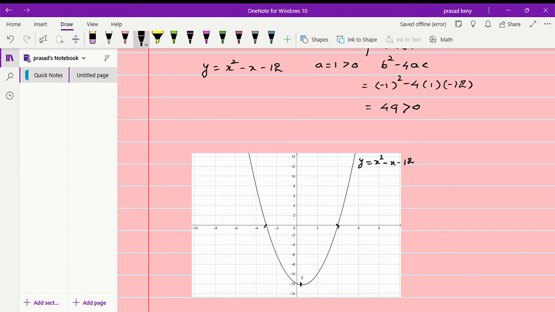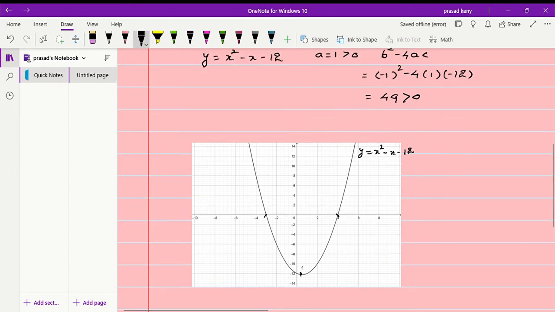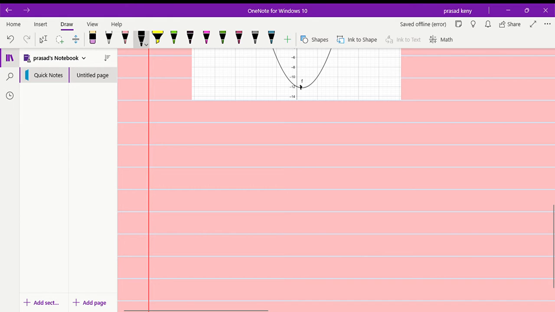That means it has two distinct roots. Okay, so let us come to the next case.